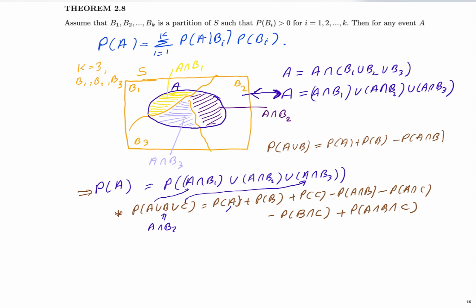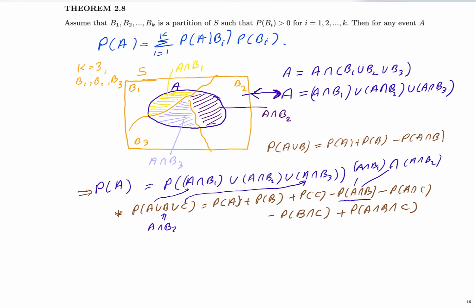When you apply this rule for our case, you see A intersection B1 union A intersection B2. That is the B. So then here we have A intersection B, which in our case is A intersection B1, then this intersection A intersection B2, right?